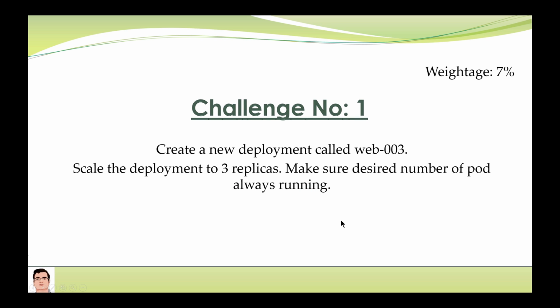So this is challenge number 1. Create a new deployment called Web 003. Scale the deployment to 3 replicas. Make sure the desired number of pods are always running. So this looks to be a very simple question.